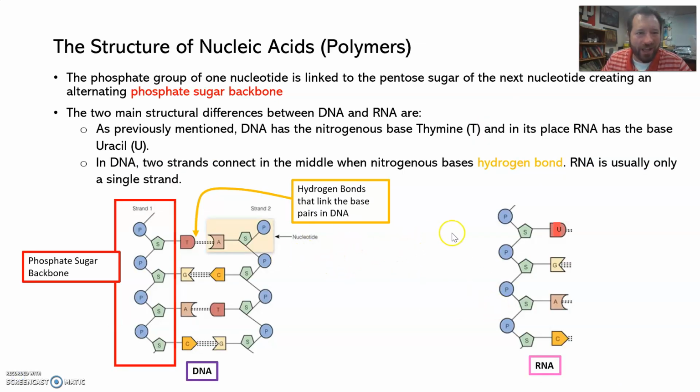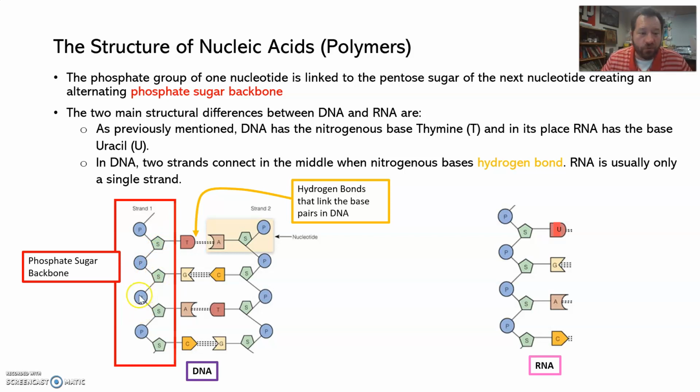All right, let's take a look at the structure of nucleic acids in their polymer form. So again, once you get more and more of those monomers linked together, you now have a polymer. So DNA is linked together with a sugar phosphate backbone. What that means is that the phosphate from one nucleotide links together with the sugar of another nucleotide, and you have that repeating pattern.